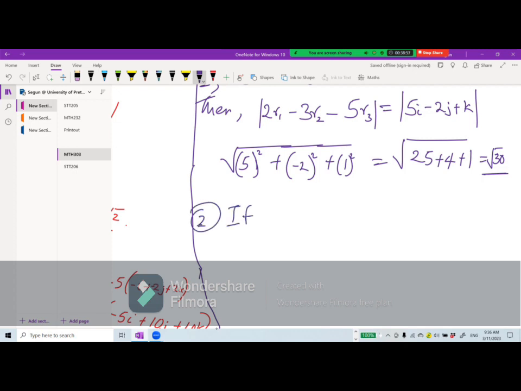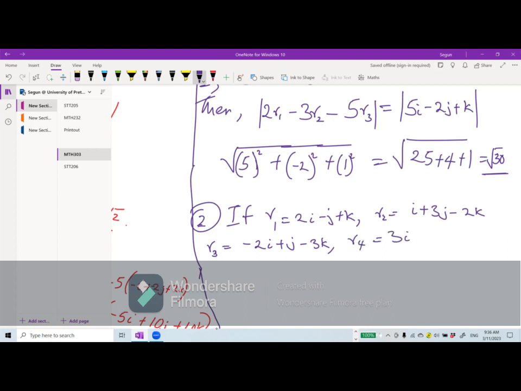If R1 equals 2i minus j plus k, and R2 equals i plus 3j minus 2k, and R3 equals negative 2i plus j minus 3k, R4 equals 3i plus 2j plus 5k.